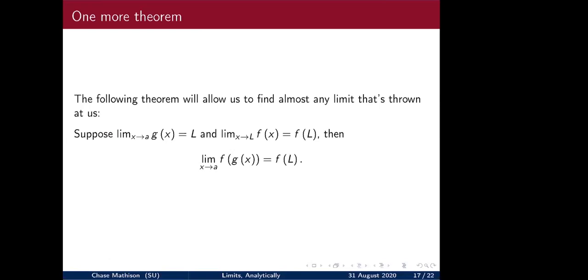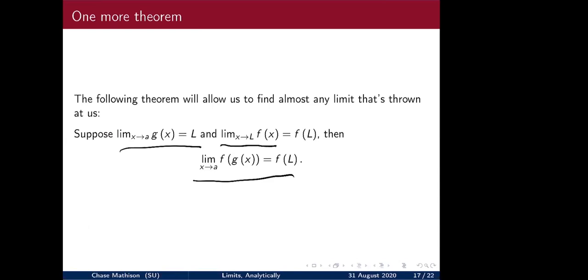Suppose the limit as x approaches a of g of x is L, and the limit as x approaches L, so that's different, x is approaching L, of f of x equals f of L. Then the limit as x approaches a of f of g of x is just f of L.